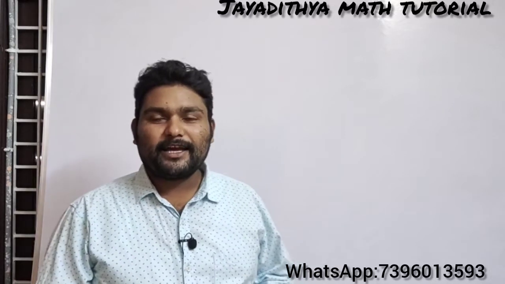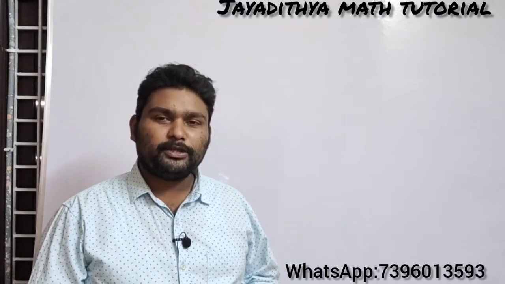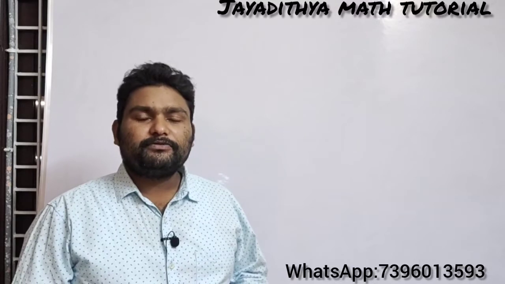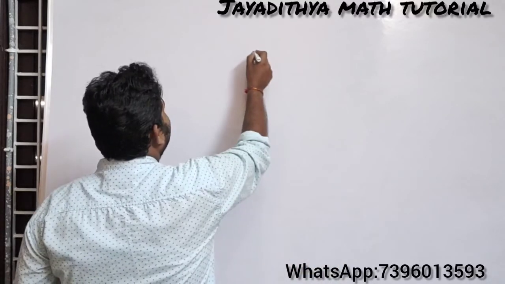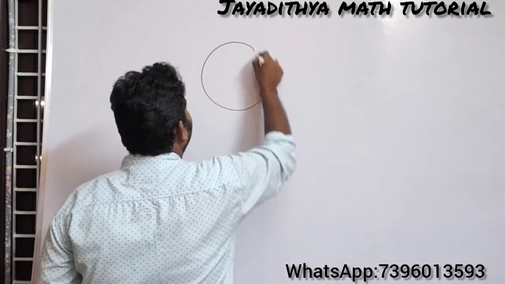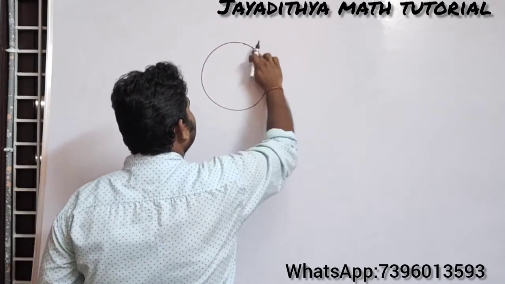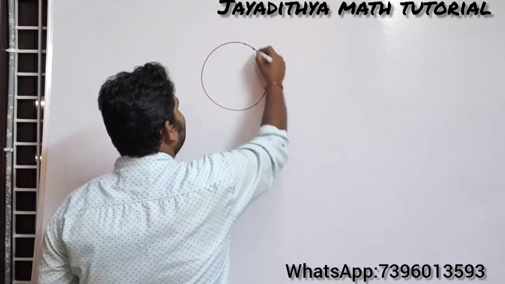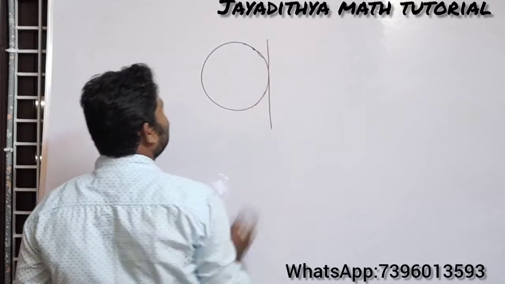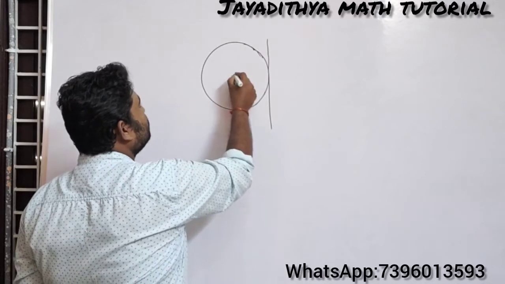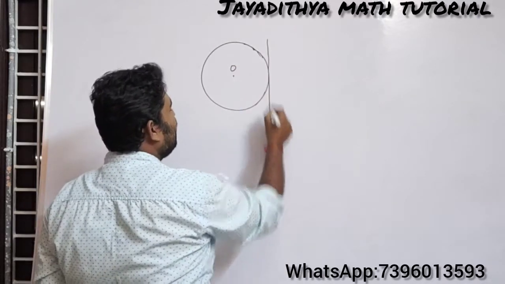Yesterday we discussed the circle and line. We understood what the possibilities are, and what a tangent is. So let us draw a circle with the tangent. This is a circle with the center O, and this is the tangent.